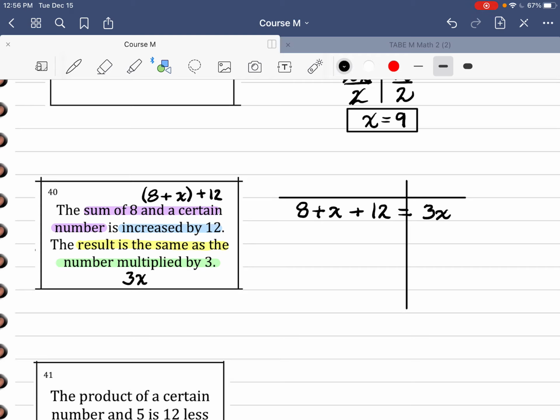Draw the power t. I need to combine some like terms. The 8 and the 12 need to get combined, so that's positive 1x plus 20 equals 3x. So your boss variable is on the right this time.